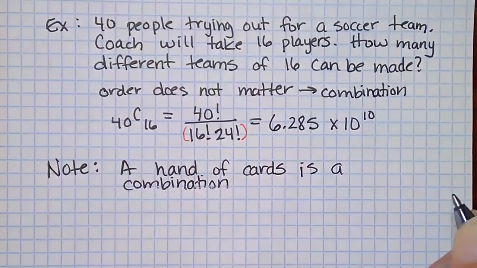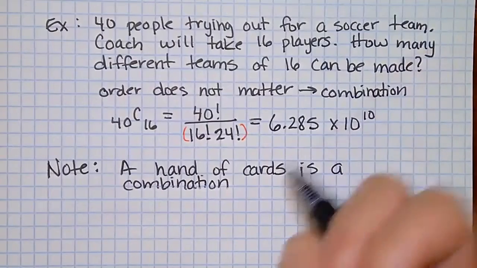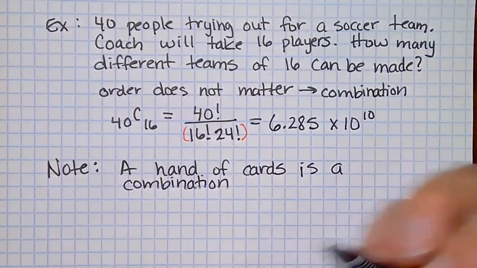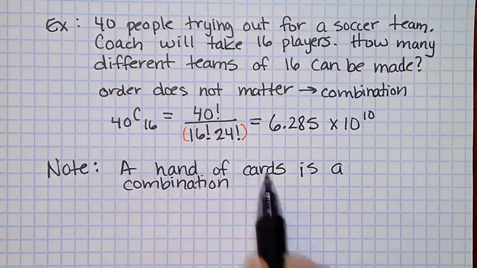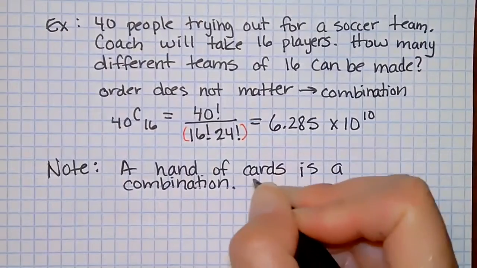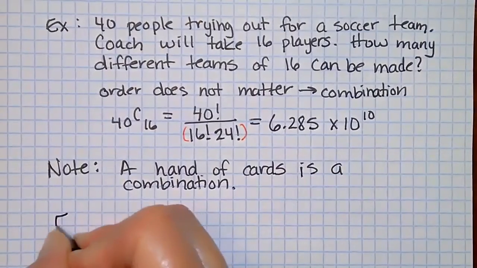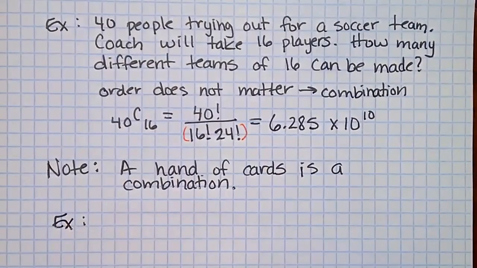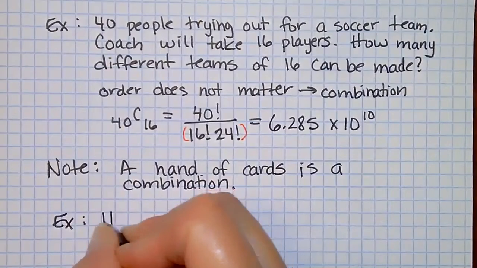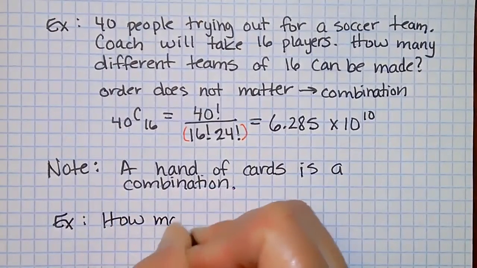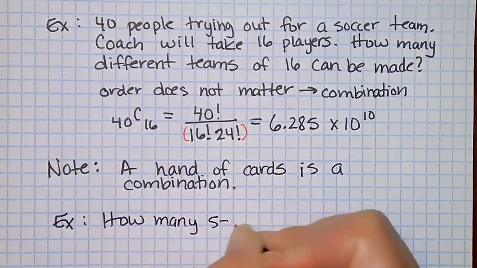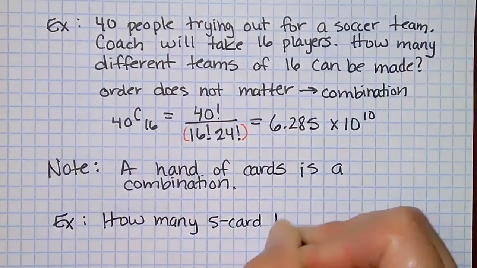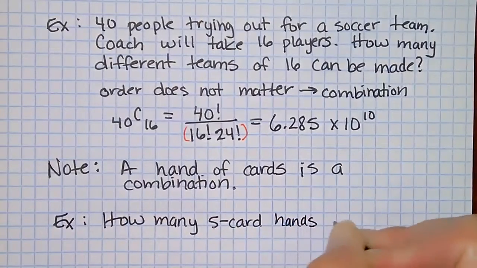You can rearrange them in your hand. So you just want to get those cards in your hand, and then you can arrange them however you want in your hand. So a hand of cards is a combination. So let's say, for example, we try the following. How many 5-card hands can I get?